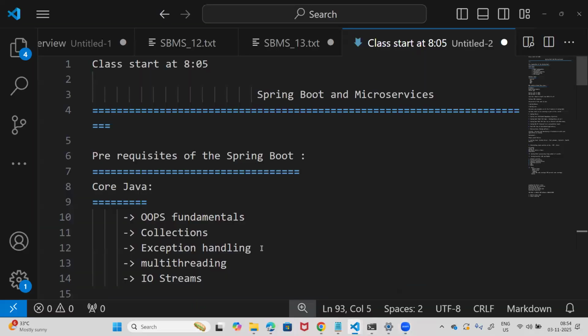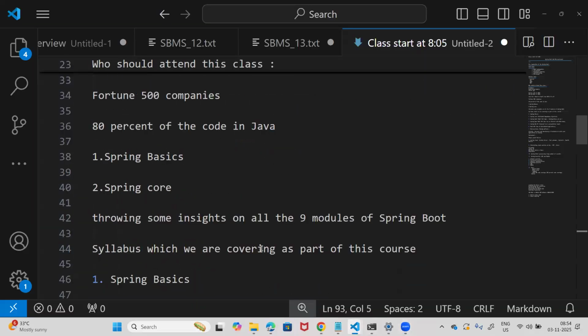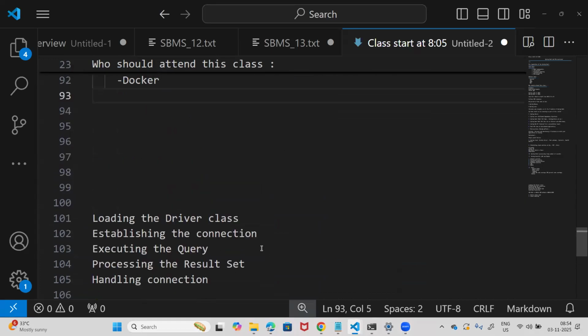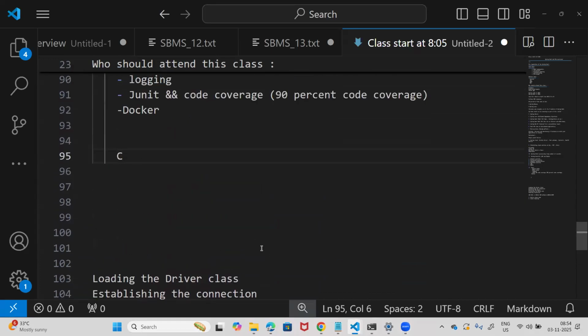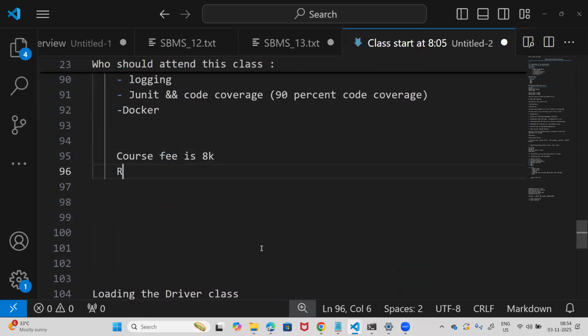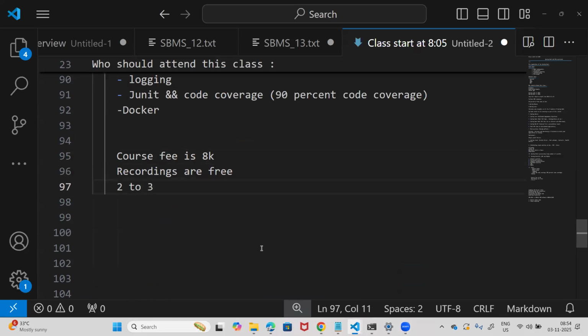So when coming to the course fee and duration, as updated by the institute, the course fee is 8K, and they are not charging anything separately for recordings. The recordings are free, and the course duration is 2 to 3 months, more than 2 months, less than 3 months.